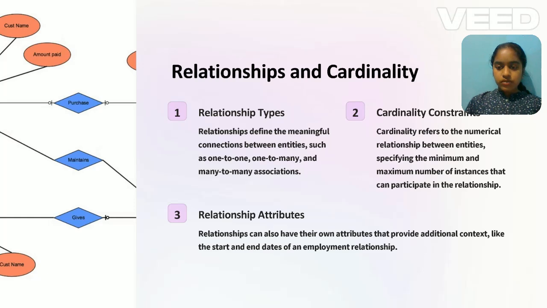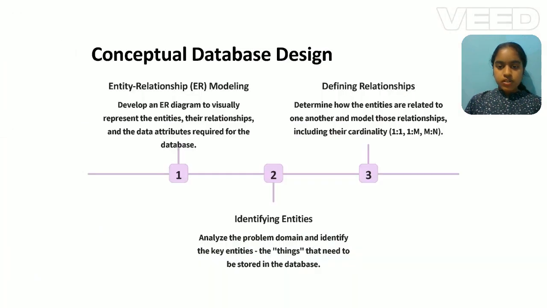Cardinality refers to the numerical relationship between entities, specifying the minimum and maximum number of instances that can participate in the relationship. Relationship attributes. Relationships can also have their own attributes that provide additional context, like the start and end dates for an employment relationship.